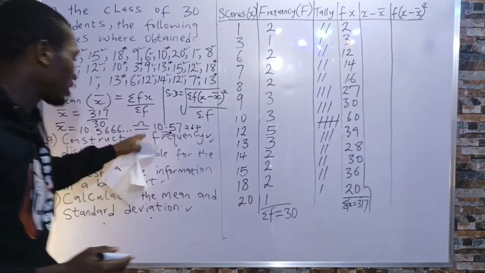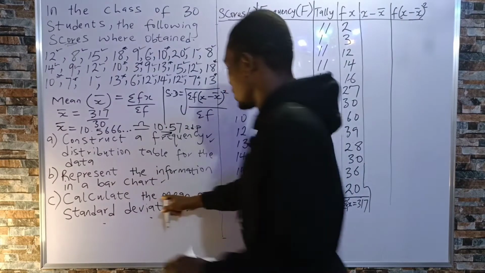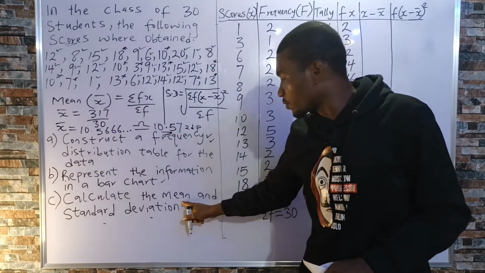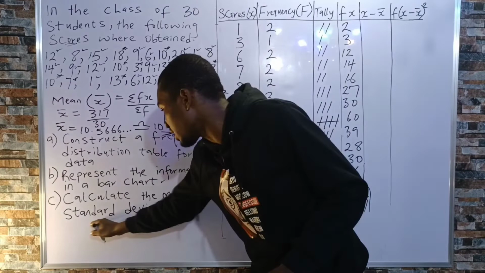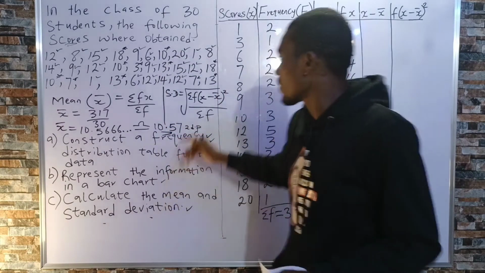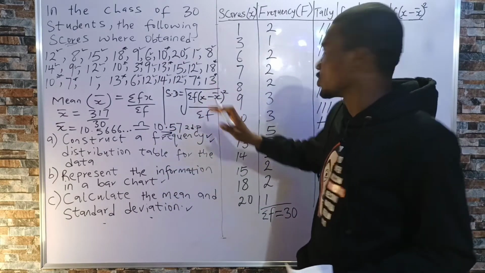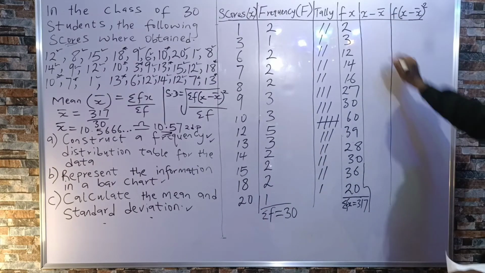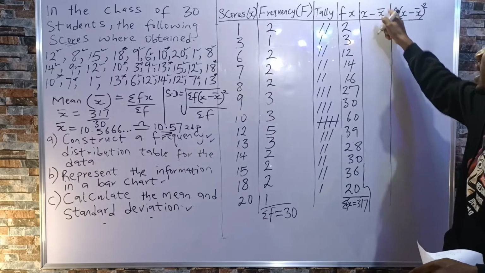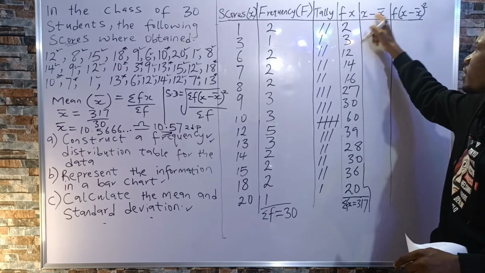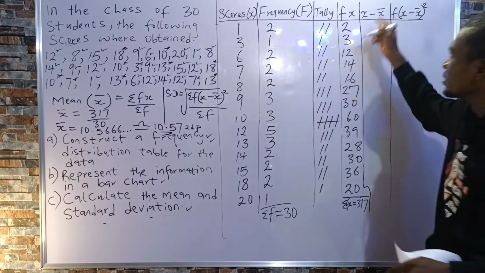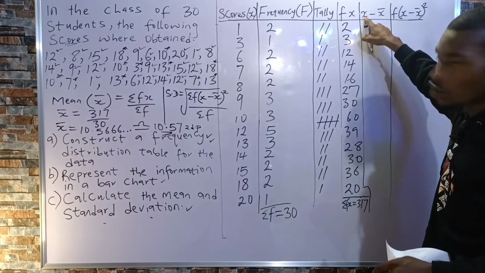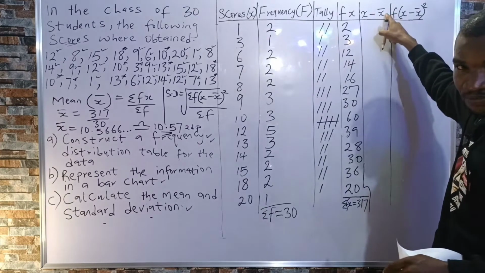So having found our mean, which is one of the questions we are asked to find, we then want to find our standard deviation. Remember that this is the formula for our standard deviation. Let's compute it and complete it here. We have x minus bar x. Remember that x minus bar x is simply the deviation of the scores from your mean.